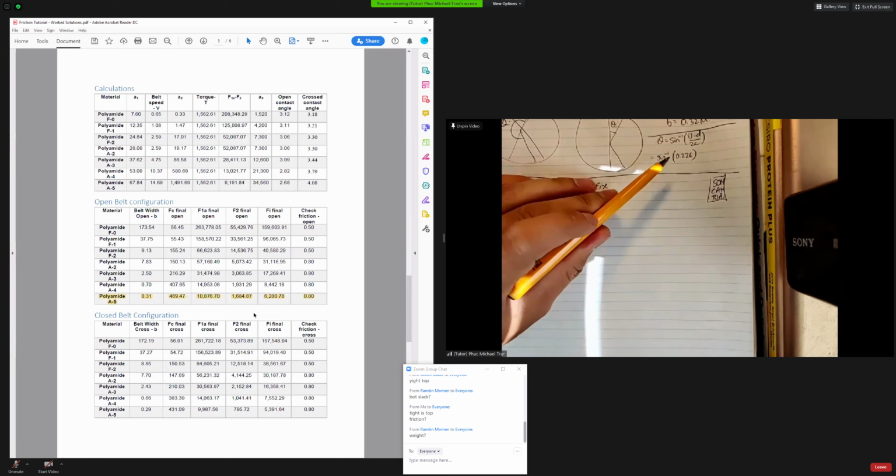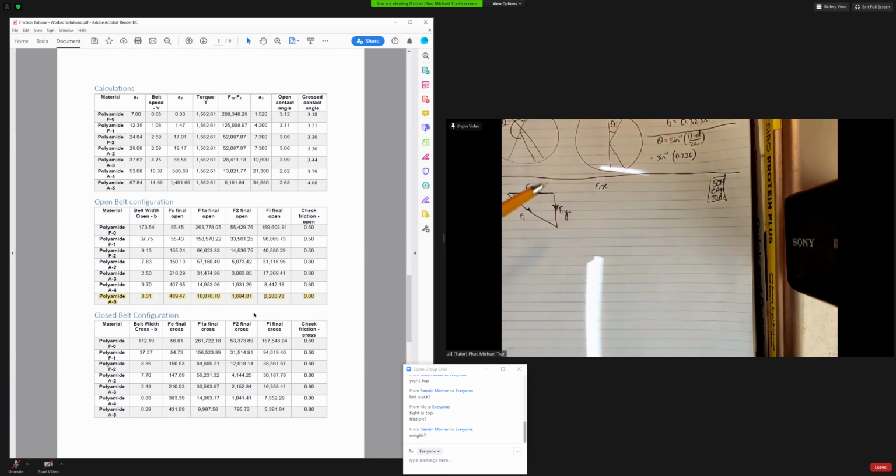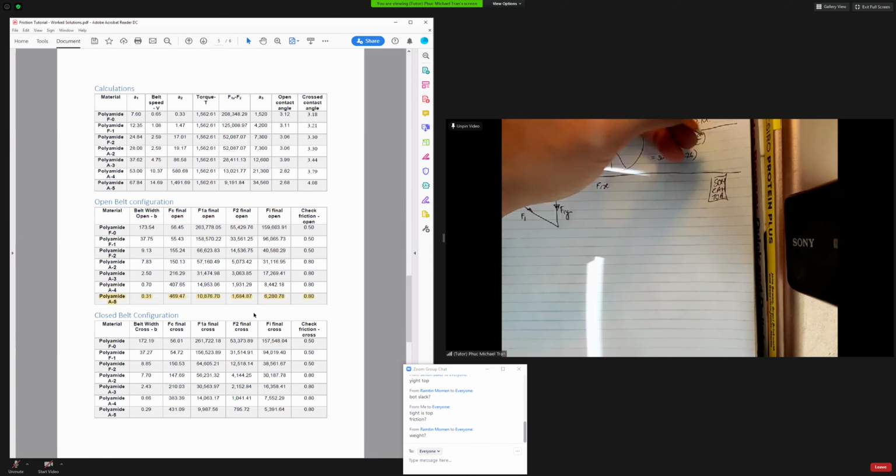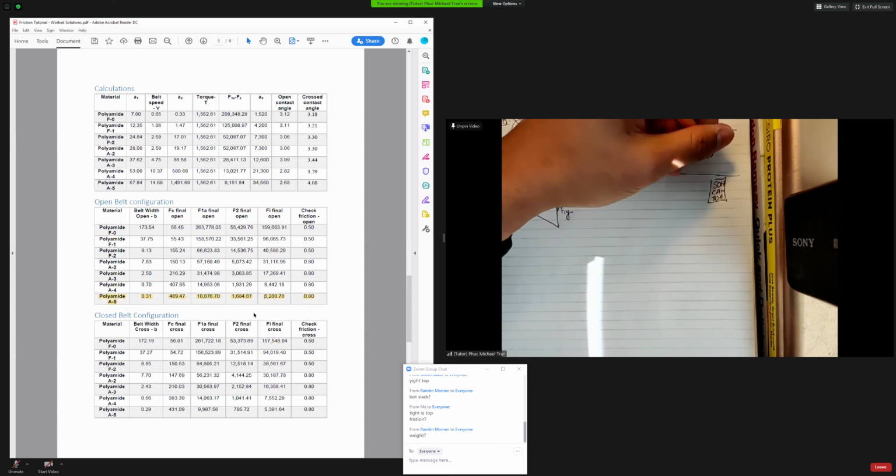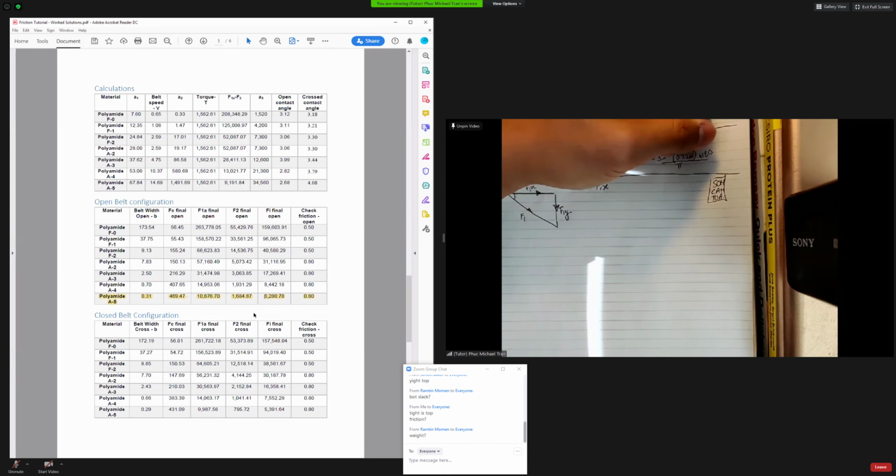But you've got to convert that to degrees because we're going to be using sine and cos here. To change that to degrees, it'll be 180 on pi. And what you should get is 13.1 degrees.